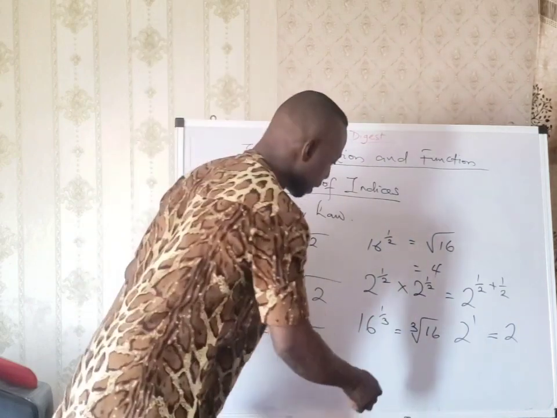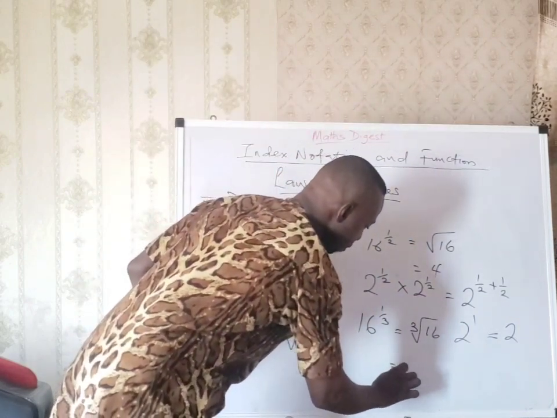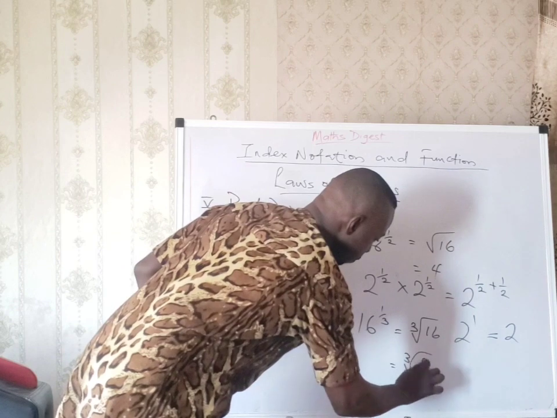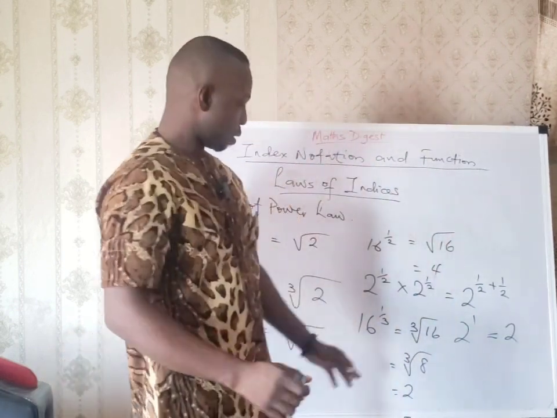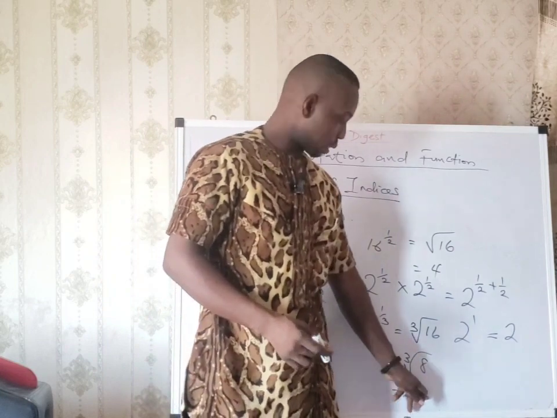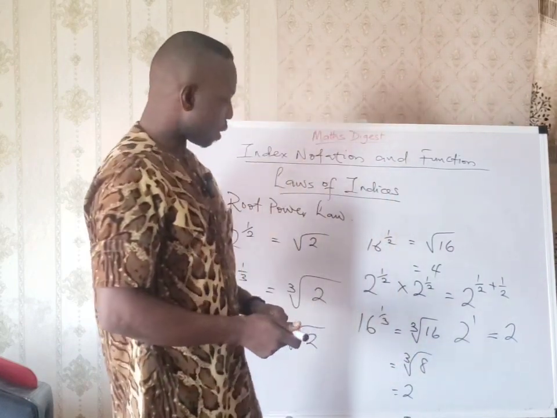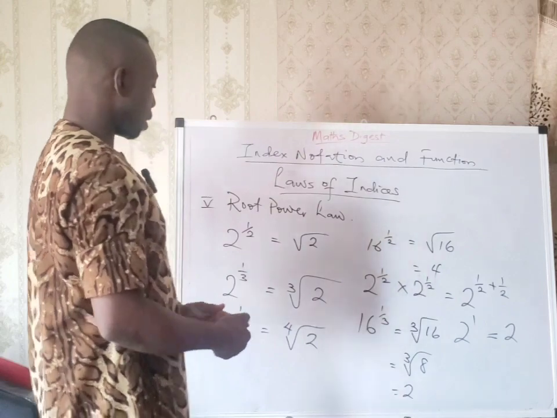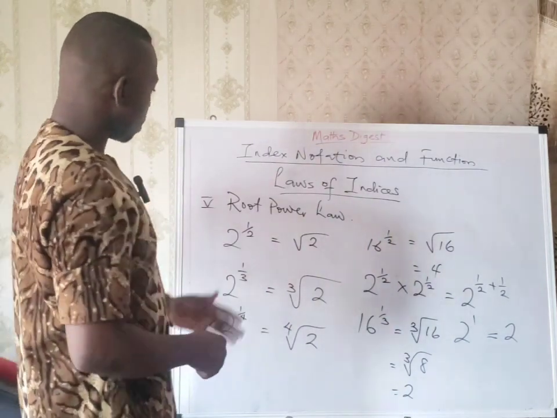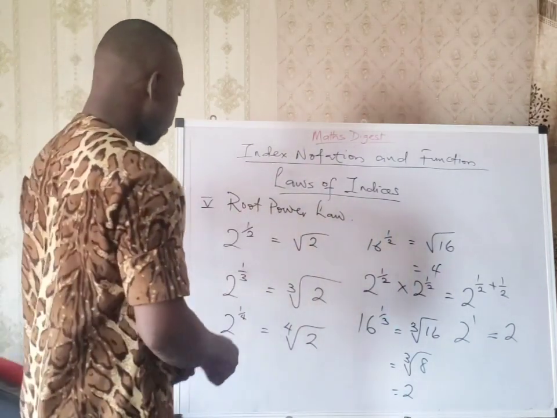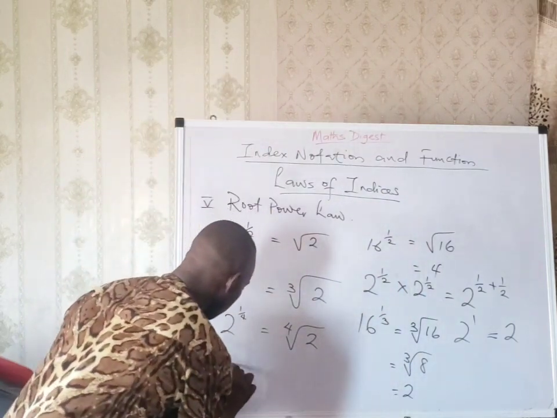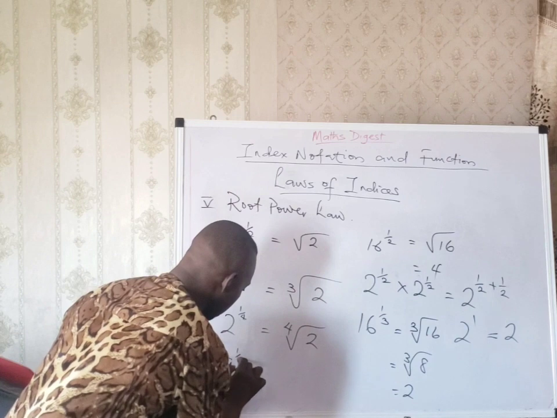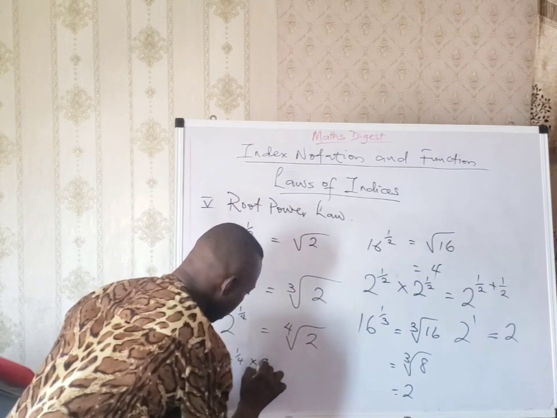For instance, if you have 8, the cube root of 8 will give you 2, because 2 times 2 times another 2 will give you 8. So this is actually what we mean by root power.